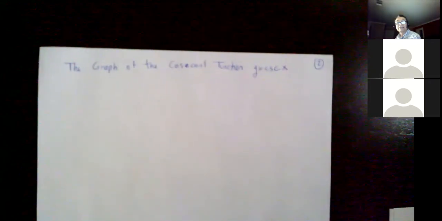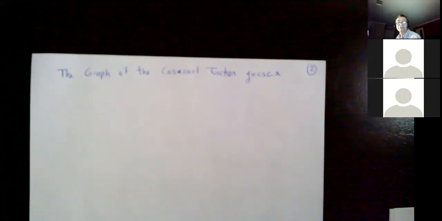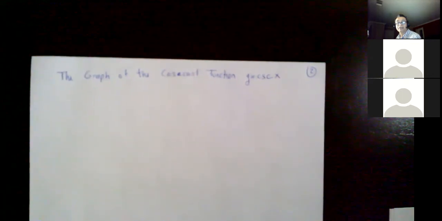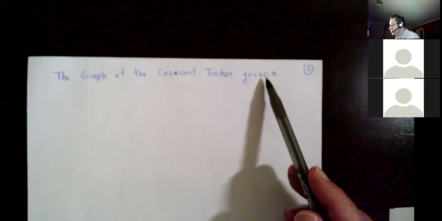All right, so really quick, let's say that we wanted to graph the cosecant function, y equals cosecant of x. In order to draw the cosecant function, I know that cosecant is the reciprocal of the sine.